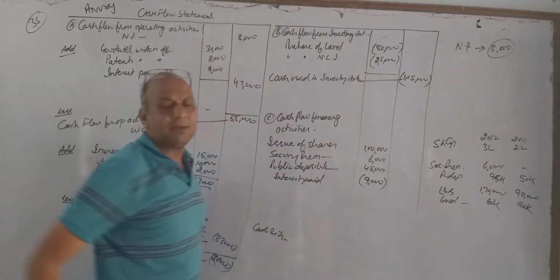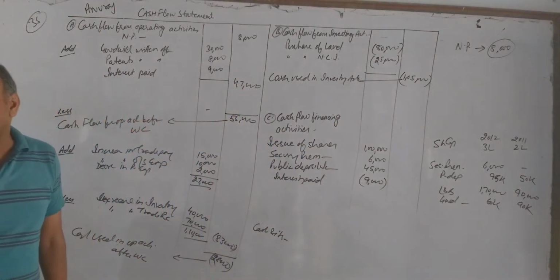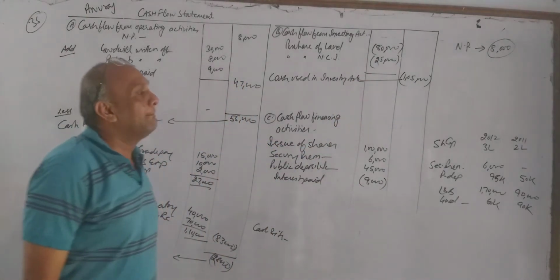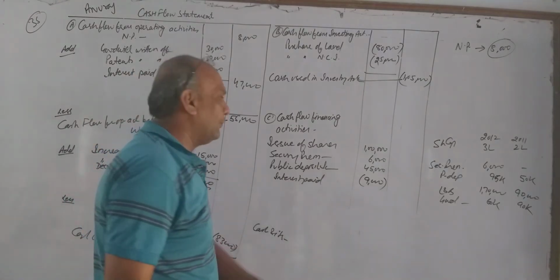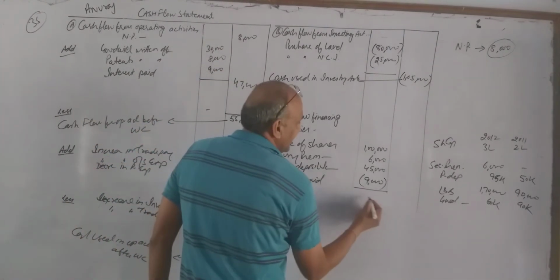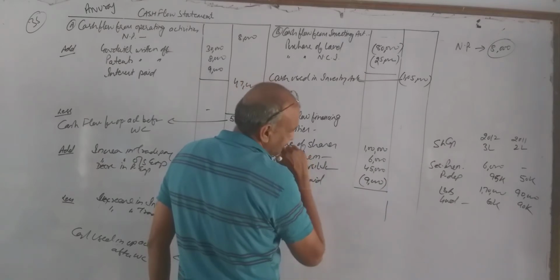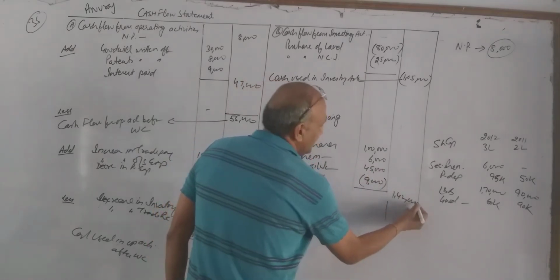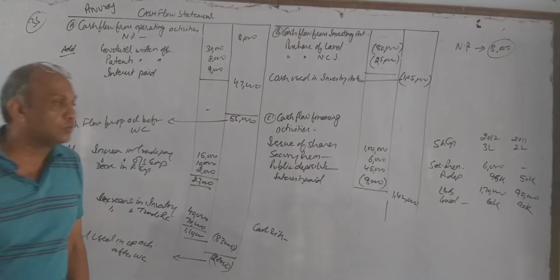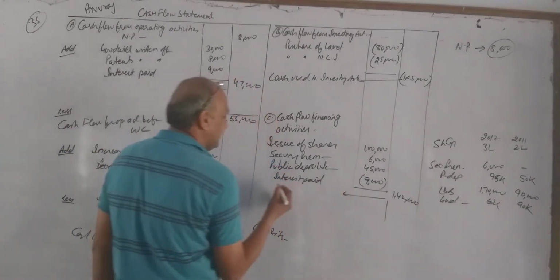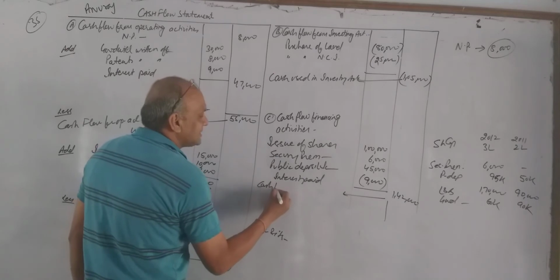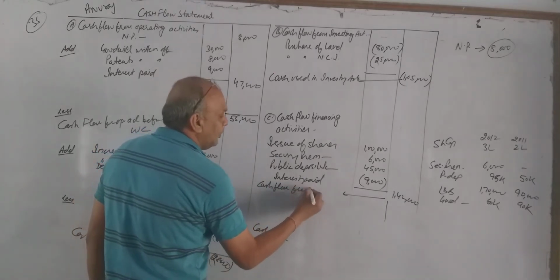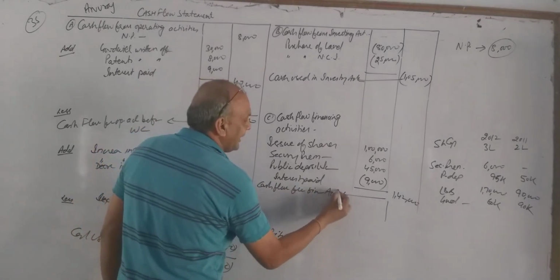If minus figure comes, it is used, and if plus figure comes, it is cash flow from. Now this one, so my dear, it comes 36, 1,42,000. 1,42,000. It is plus item, so we will be showing here cash flow from financing activities.